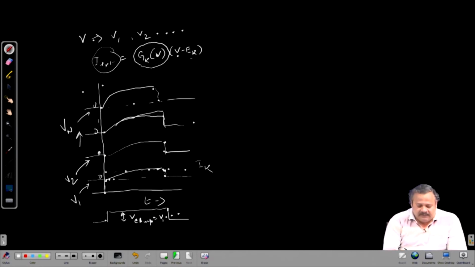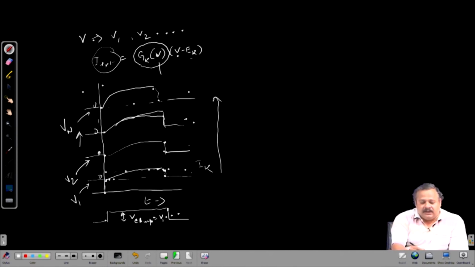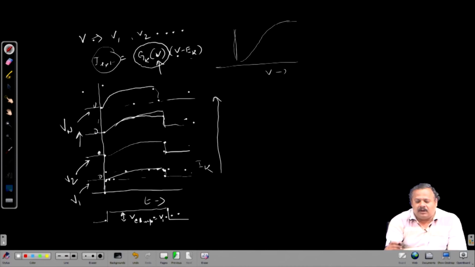As you can see, first of all, with increasing voltage, V1, V2, V3, V4, the largest value of the potassium current, and hence the conductance at that voltage, keeps on increasing as a function of voltage, and then saturates at a particular value.